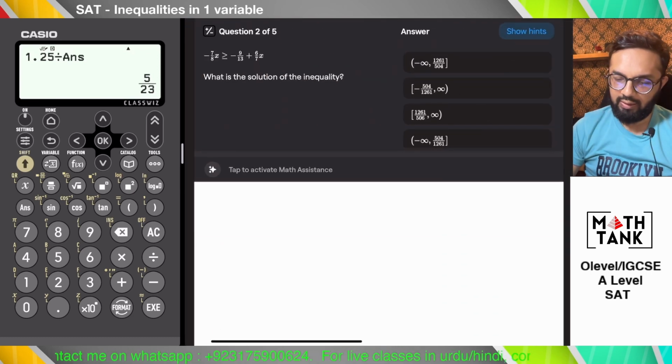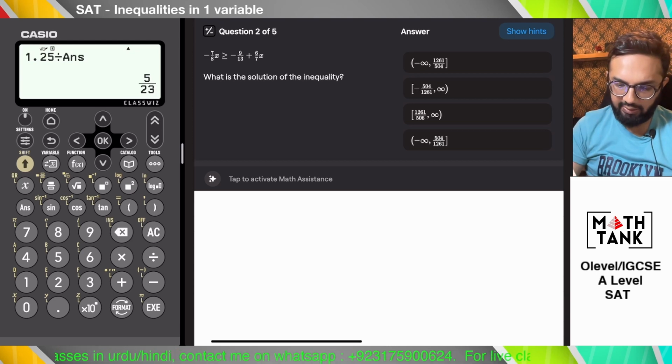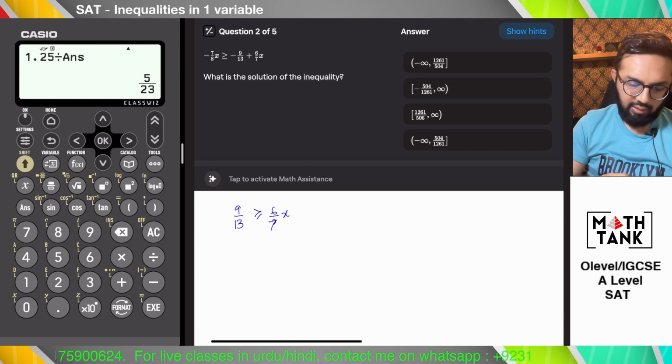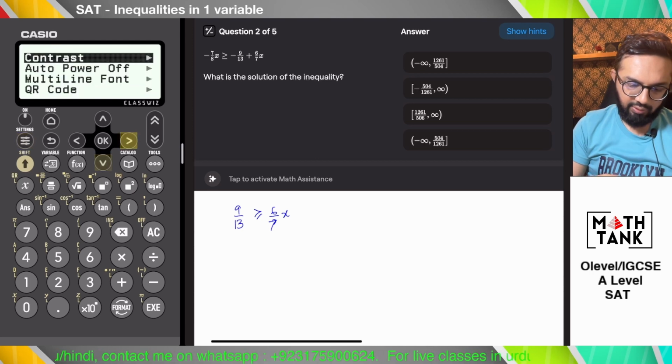Okay, then it says minus 7 over 8x is greater than or equal to minus 9 over 13 plus this. I think that's a simple question. I will use my calculator to add. Let me just first change the settings on my calculator.